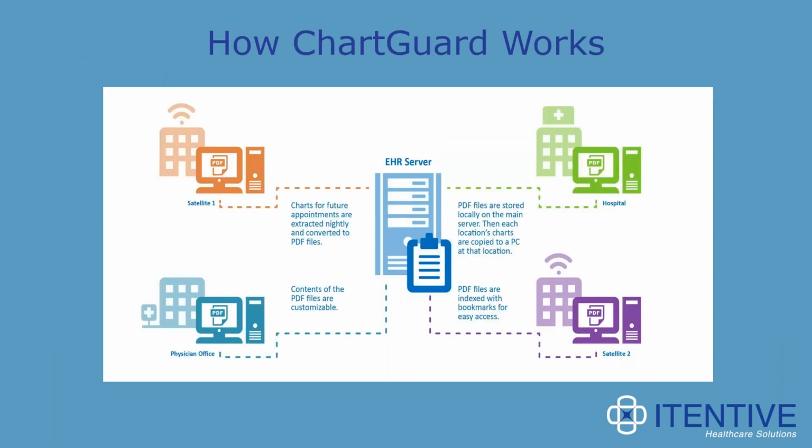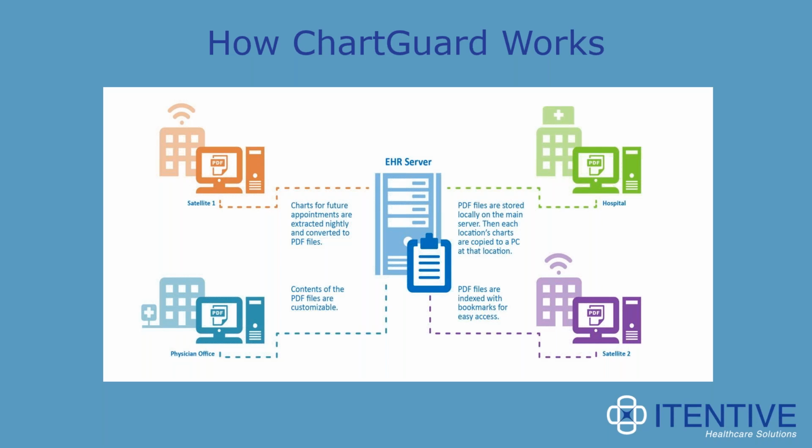Terrific. Thank you, Tom. So let's talk about how ChartGuard works and what it does, and how it helps with the problem of not having access to your NextGen system. Okay, you're without your clinical data via NextGen EHR. So what is ChartGuard? What does it do? ChartGuard runs nightly against your NextGen EHR database, and it looks at your appointment schedule.